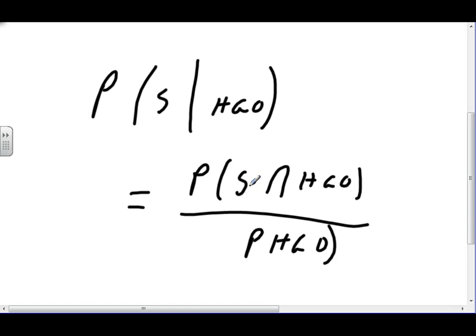Probability of soil intersection high-grade oil.